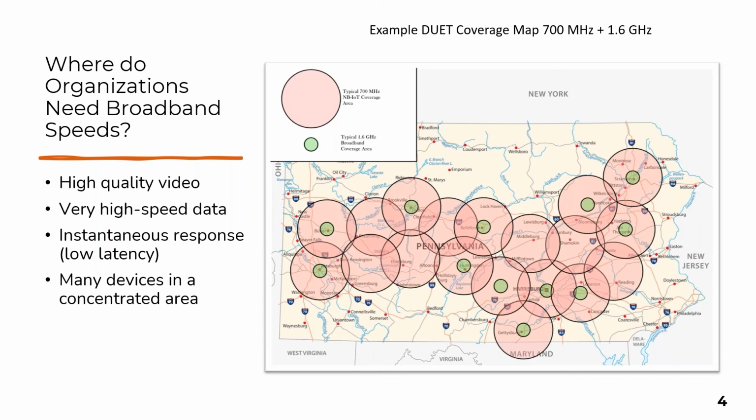So this combination is really the essence of Duet. Broadband where you need it, pay for it where you need it. Even the spectrum potentially is really only purchasing it exactly where you need it. And with regards to coverage, you're depending upon a lower frequency and probably a technology that supports lower speed, but much longer transmission ranges. So this is the essence.